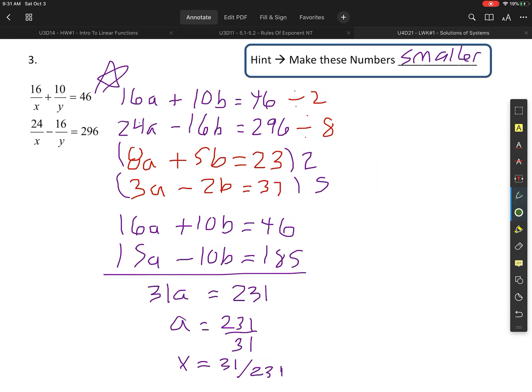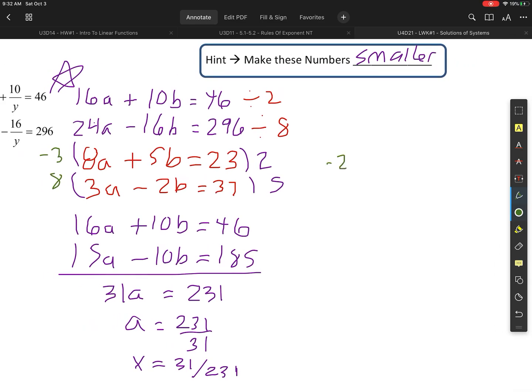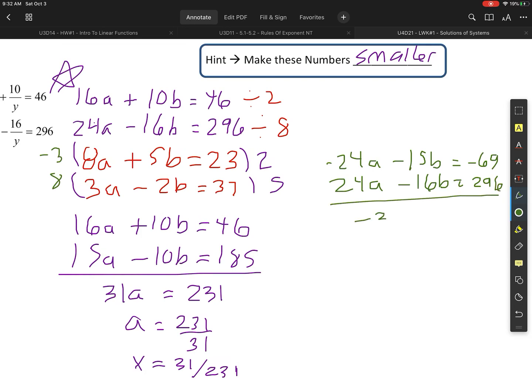I'm going to solve by getting rid of a. So I'm multiplying the top by -3 and the bottom by 8. So that's going to give me -24a minus 15b equals -69 over 24a minus 16b equals 296. Straight down, -31b equals 231.